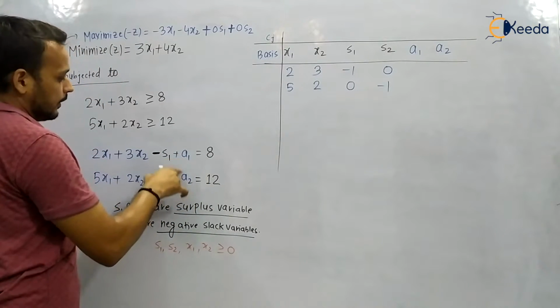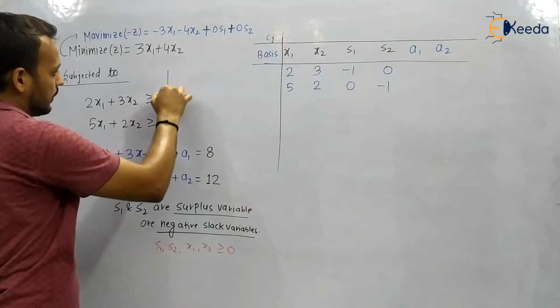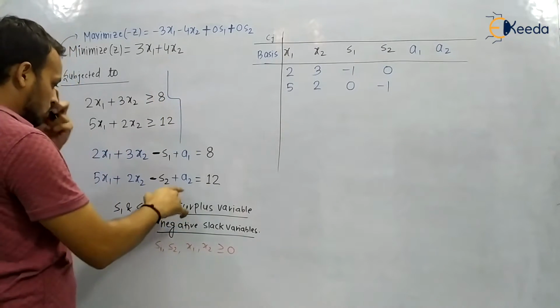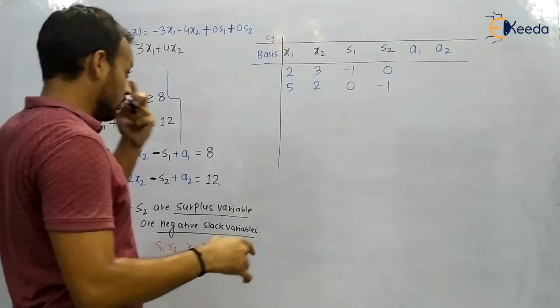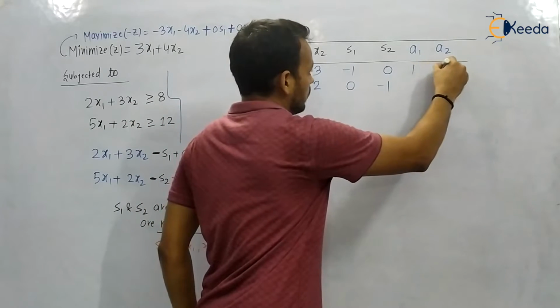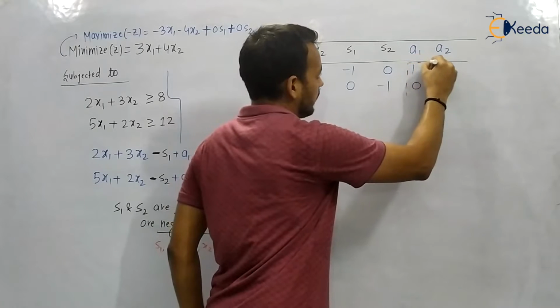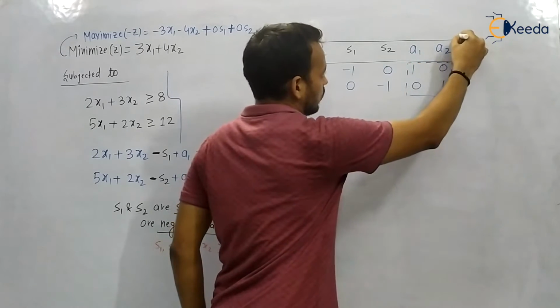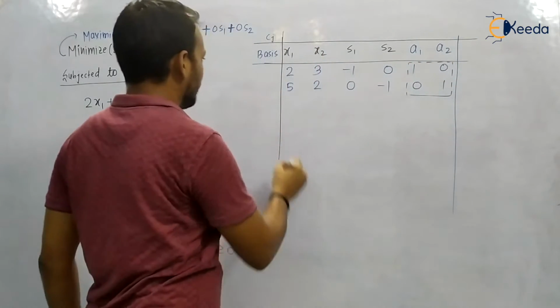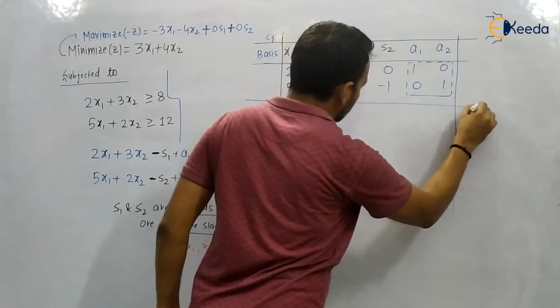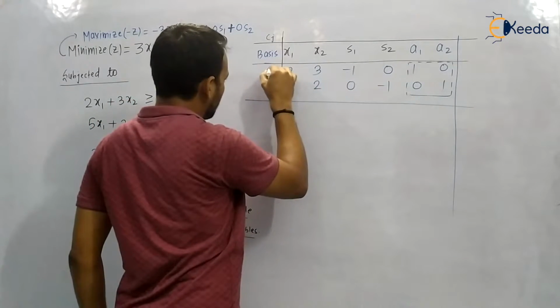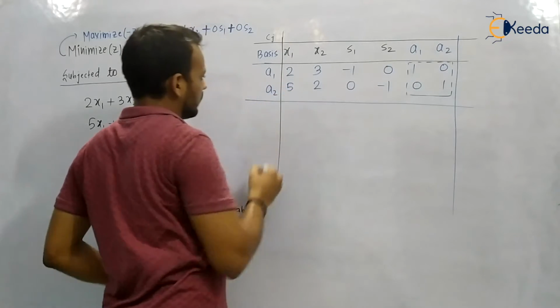We have introduced new basic variables so that we can make the identity matrix. Now right here it is going to be 1 0 and 0 1. So this is going to make an identity matrix, and a1 and a2 will be your basic variables.